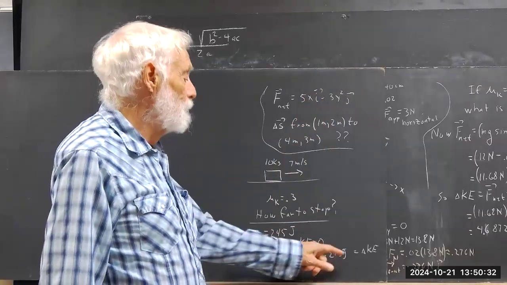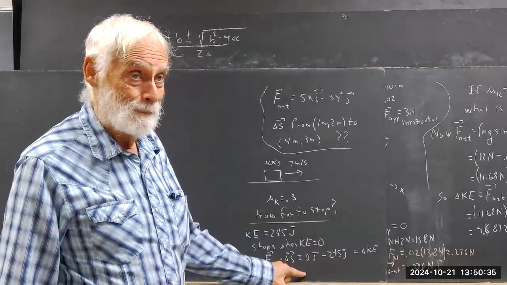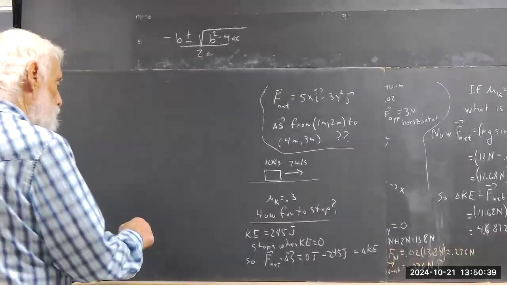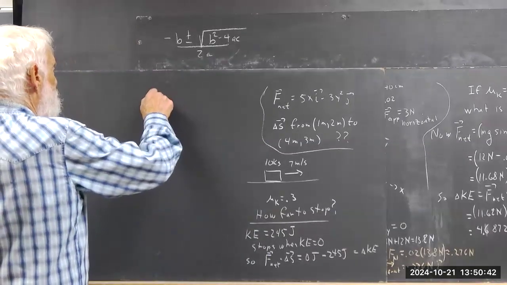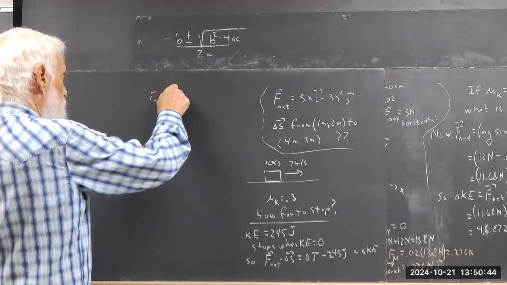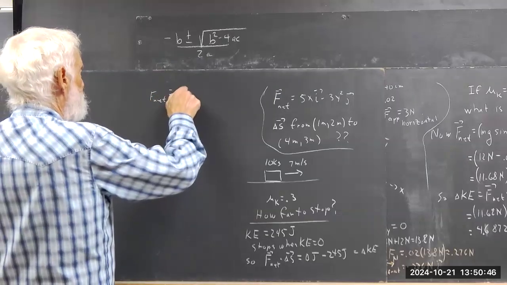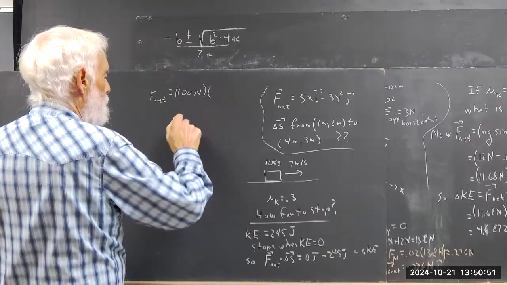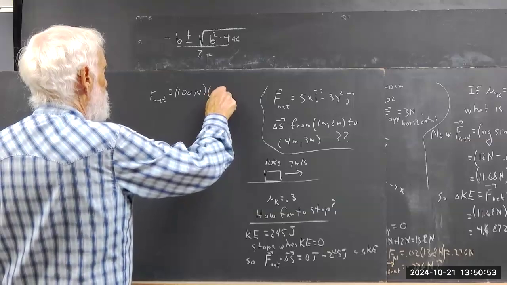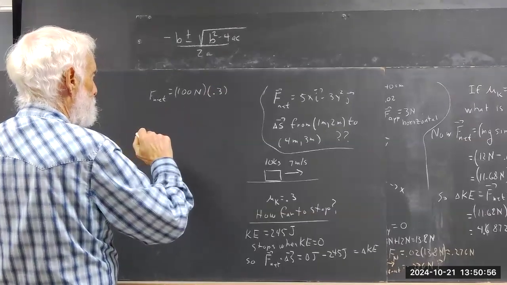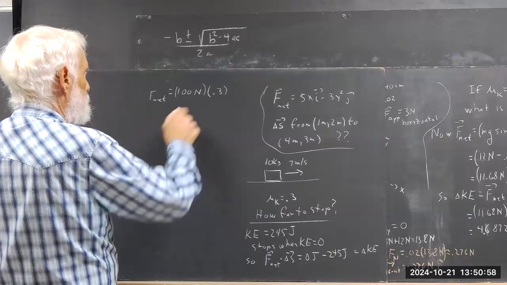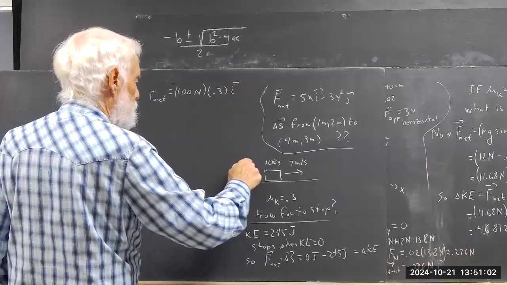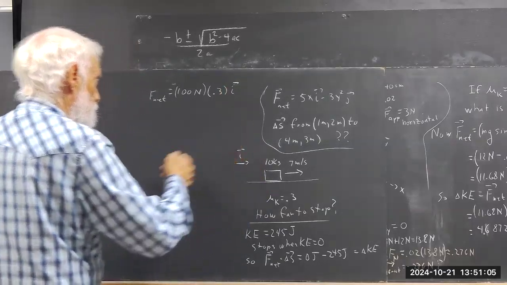You subtract where it is from where it's going to be. Where it's going to be minus where it is. So F net dot delta S equals 100 newtons times 0.3, and let's say negative this times your I measure, where your I measure is in this direction.